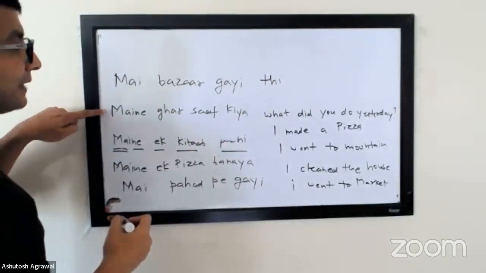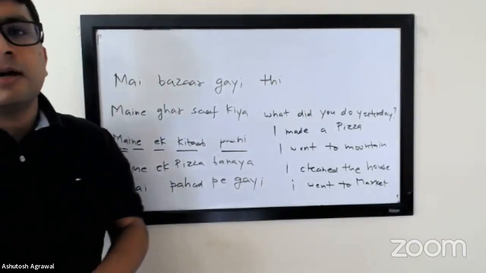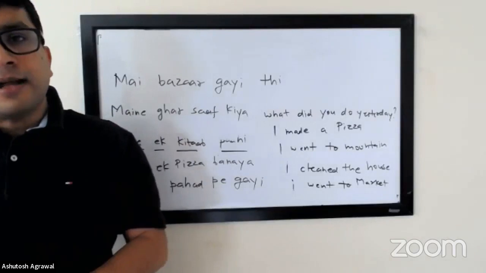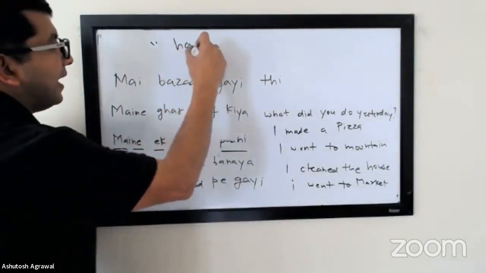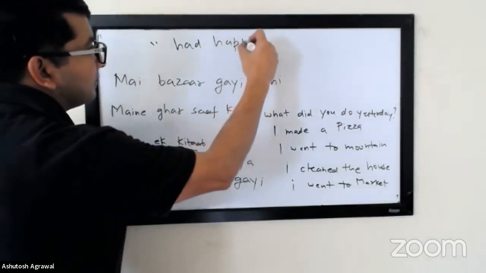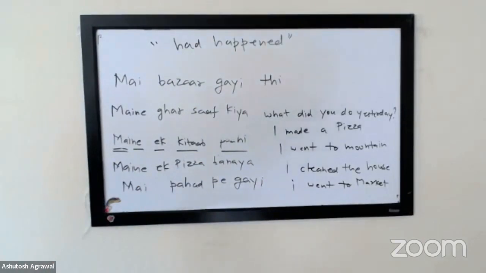And that's the third category that we are talking about, which is basically remote past, something that had happened. Just remember that, something that had happened. The one-to-one translation in English may not make sense in this one, but that's basically the third category, something that had happened.